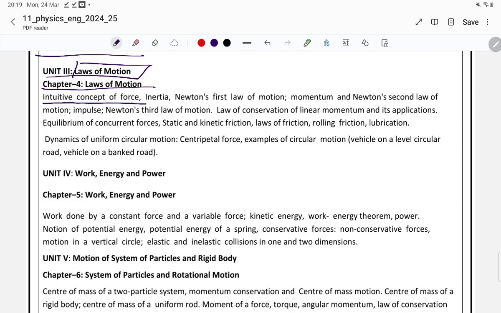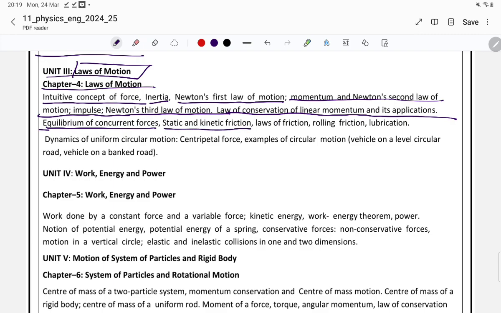Intuitive concept of force, inertia, Newton's first law of motion, momentum, Newton's second law of motion, impulse, Newton's third law of motion, law of conservation of linear momentum and its application, equilibrium of concurrent forces, static and kinetic friction, laws of friction, rolling friction, lubrication, dynamics of uniform circular motion, centripetal force, examples of circular motion, vehicle on a level circular road, vehicle on a banked road.